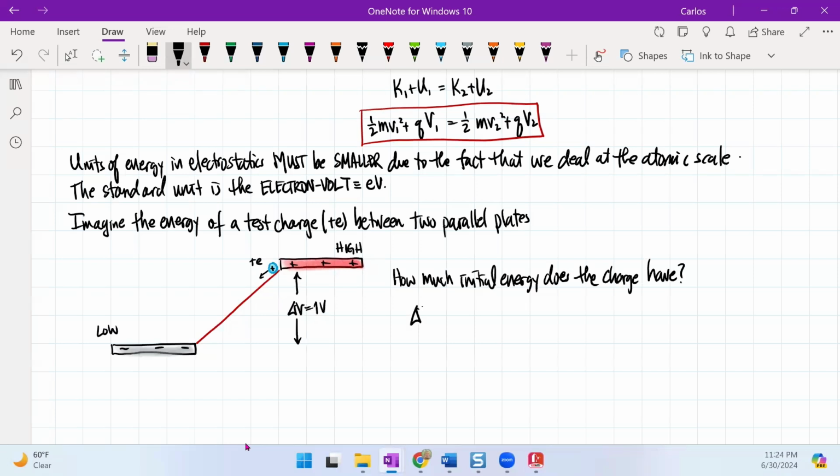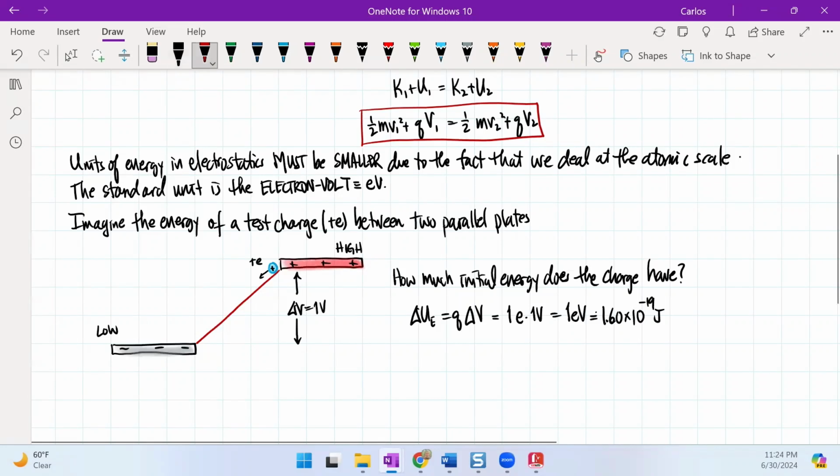We say that its initial potential energy must be the charge times the voltage, but in this case, our charge is e, and then we have 1 volt, which now is really 1 electron volt. And when you look at the unit transfer, it turns out that 1 electron volt is 1.60 times 10 to the negative 19 joules. So here is a very useful conversion factor. Okay, that's our reminder right there.